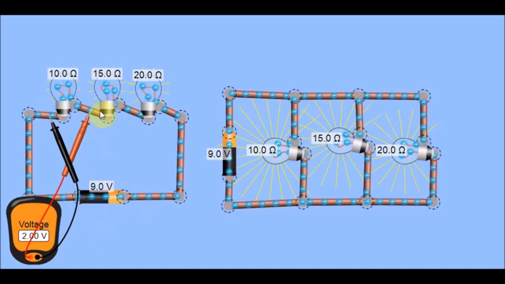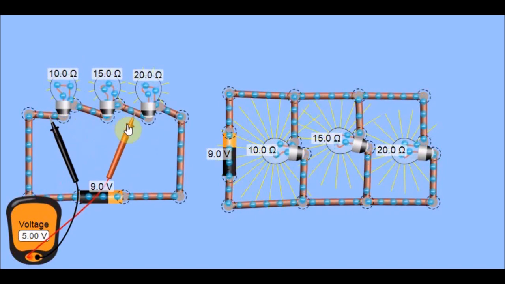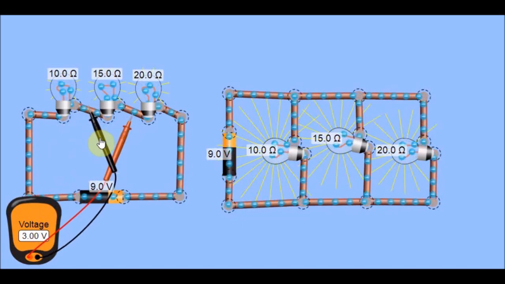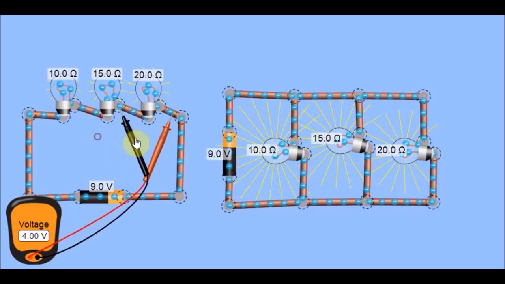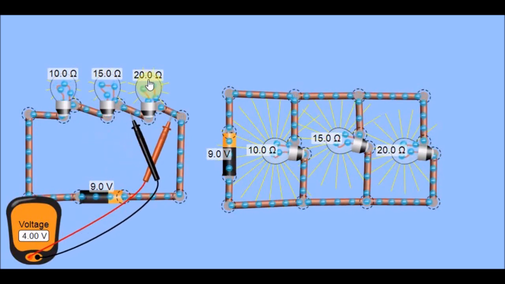The total voltage is shared across each of the resistors. So for R1, you can see 2 volts. Let's measure R2, that's your 15 ohm resistor. You can see 3 volts. Now for the last, R3, that's your 20 ohm resistor, you have 4 volts.